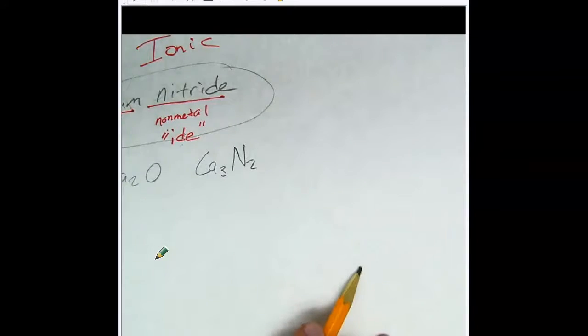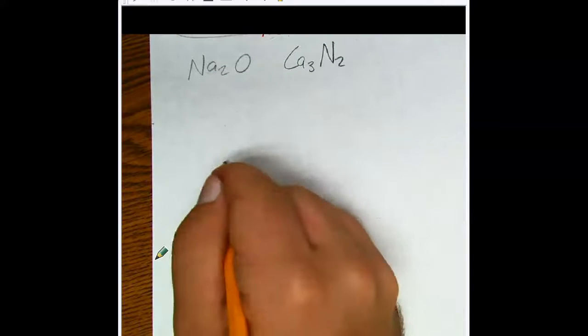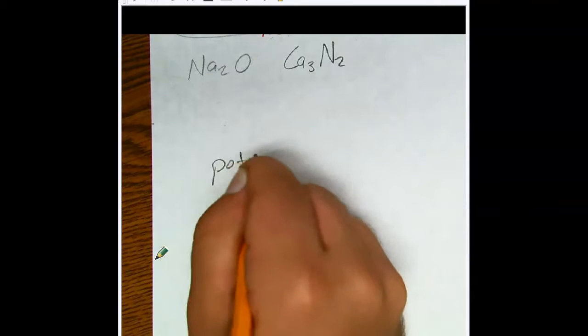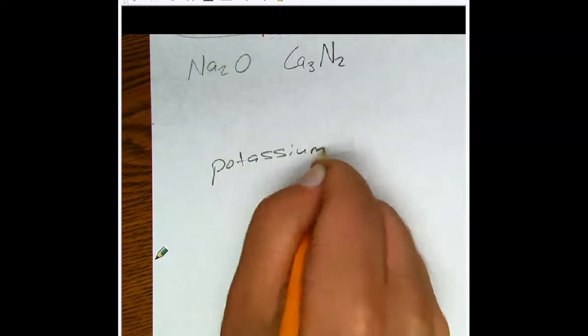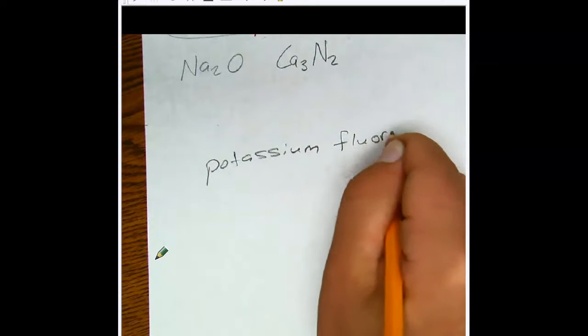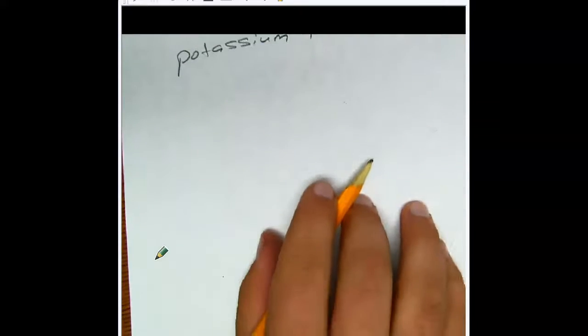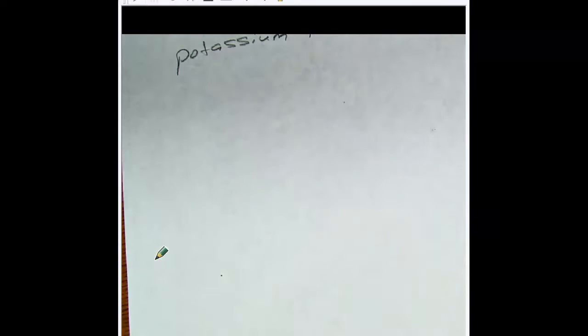Now, if you're already given the name, so let's say you're given potassium fluoride, what you need to do is use the periodic table, where each column has a certain charge.